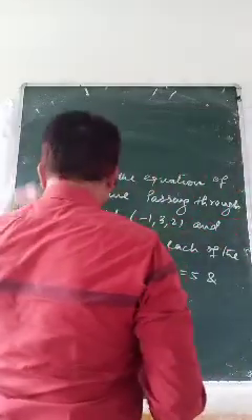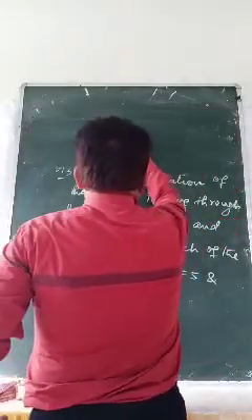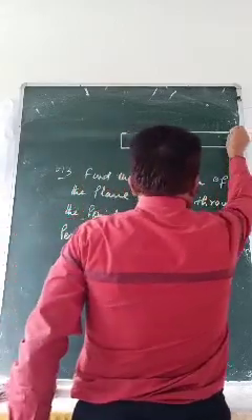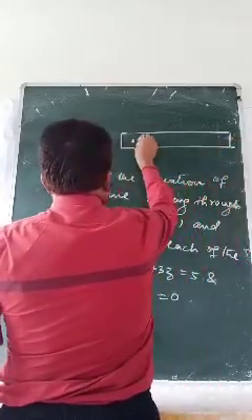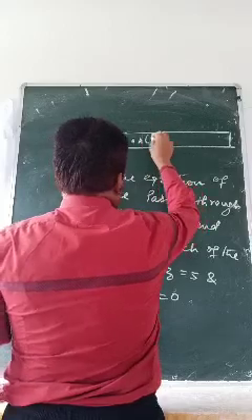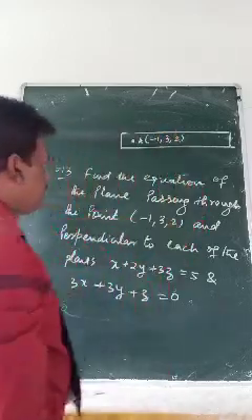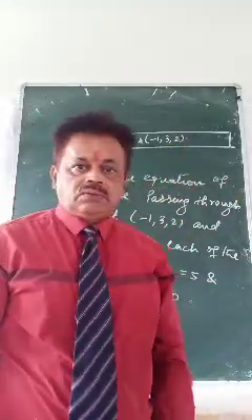Your question is to find the equation of a plane passing through a point that is minus 1, 3, 2. First, step by step, let's go.